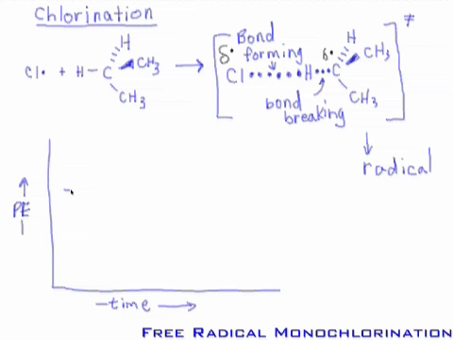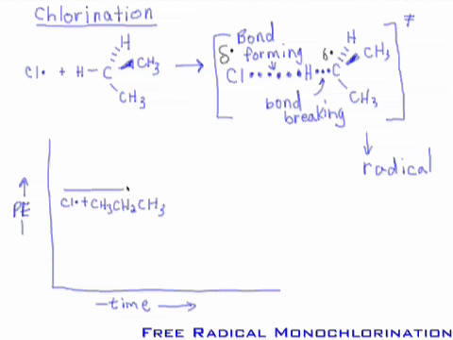And we'll start here. And what we have here is a chlorine dot and my CH3, CH2, CH3. And we progress through a transition state.